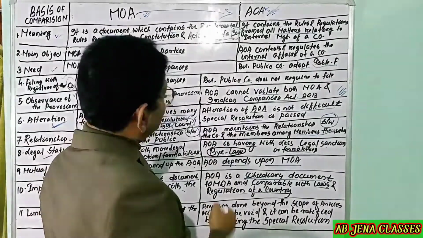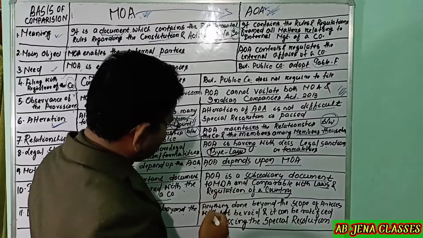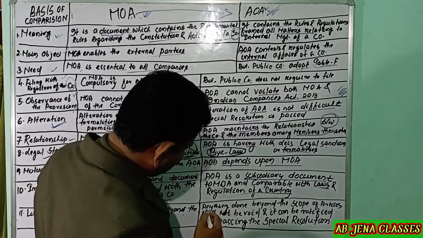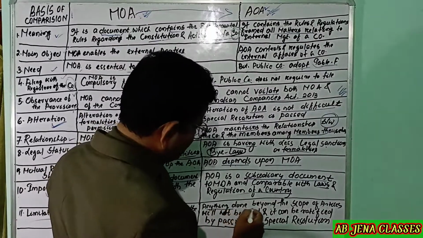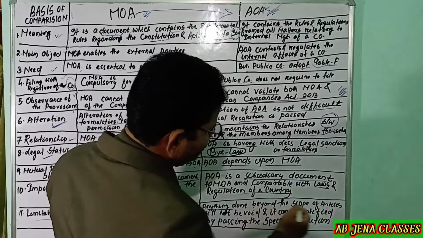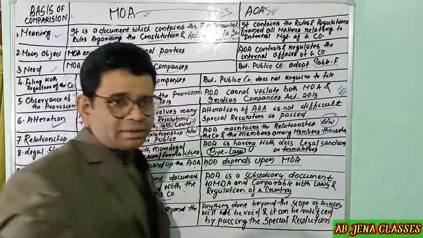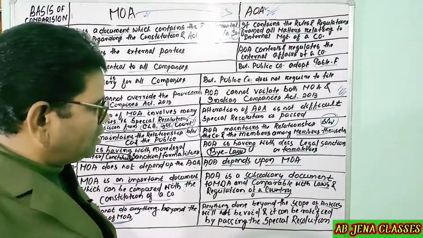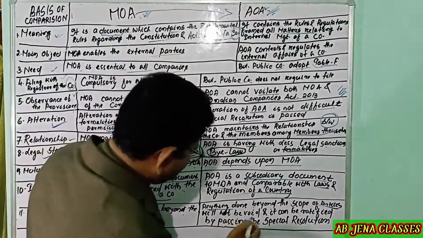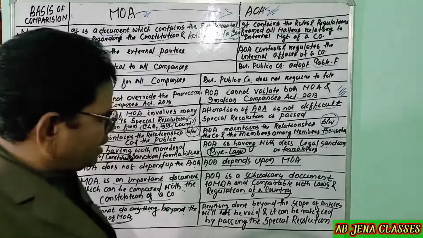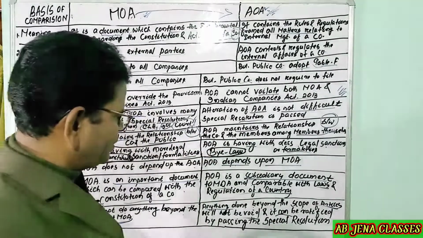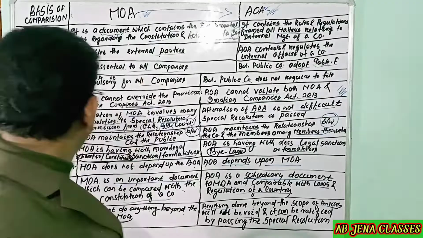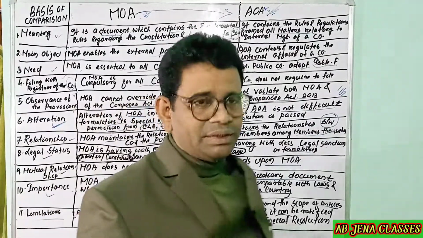But anything done by a company beyond the scope of the articles will not be void, and it can be ratified by passing a special resolution. So these are all about today's discussion.